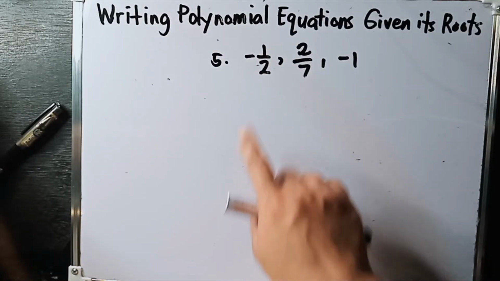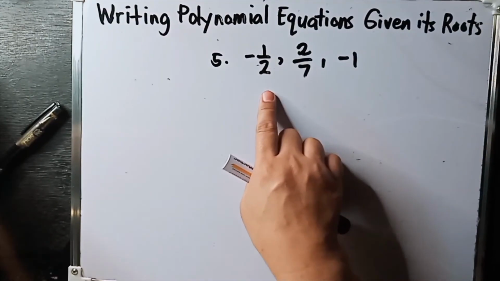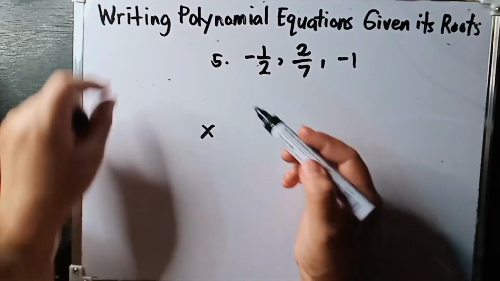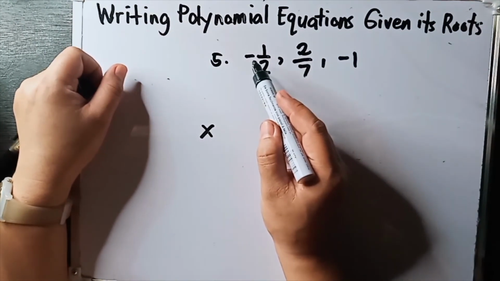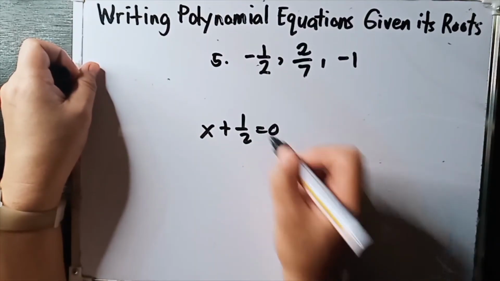So how do we transform a root which is a fraction? So these are the steps. So firstly, you need to make x and then change the sign. It will become x plus 1/2 equals 0.